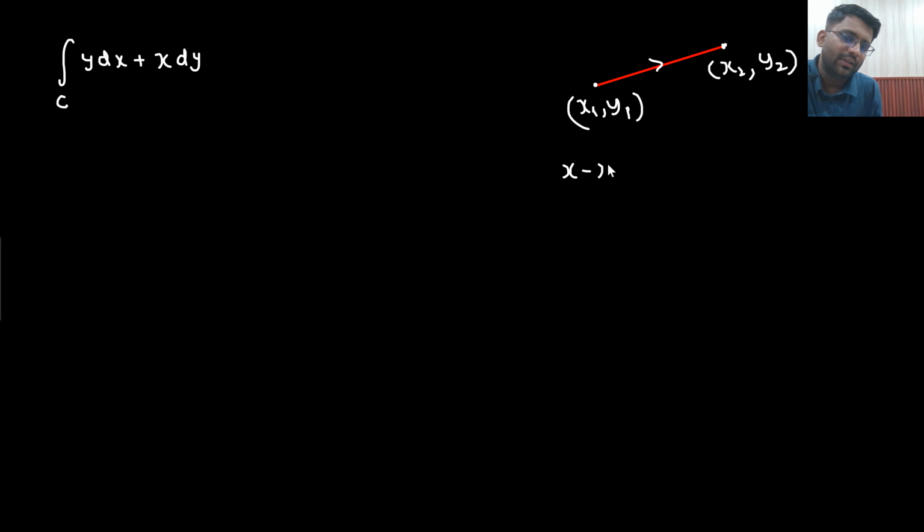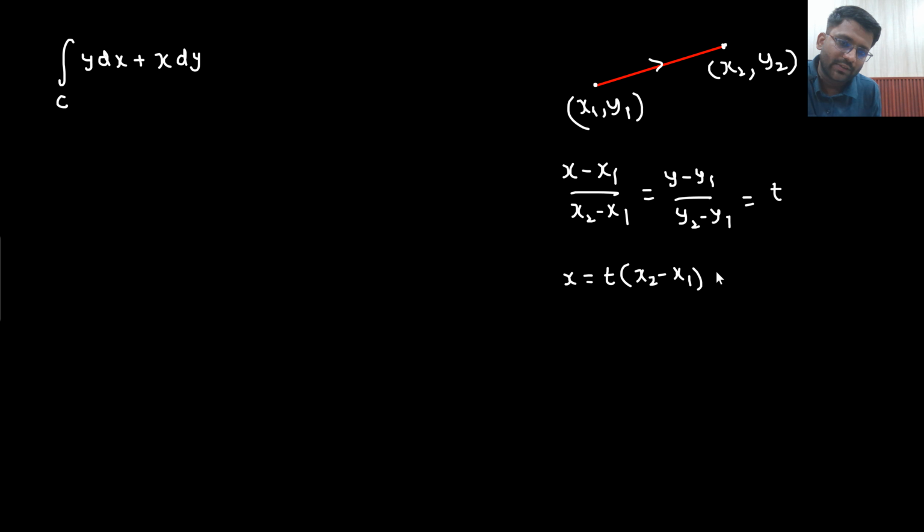Say yes or no. So what will be the equation? x minus x1 upon x2 minus x1 equals y minus y1 upon y2 minus y1, and I will equate it to a constant value t. So the value of x is t into x2 minus x1 plus x1, and the value of y is t into y2 minus y1 plus y1.